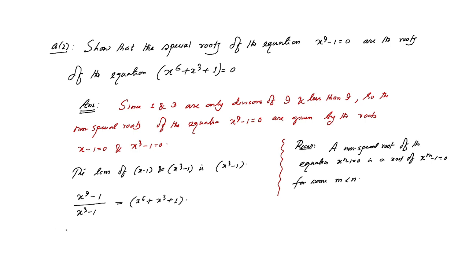So therefore, the special roots are the roots of the equation x to the power 6 plus x cube plus 1 equals 0.